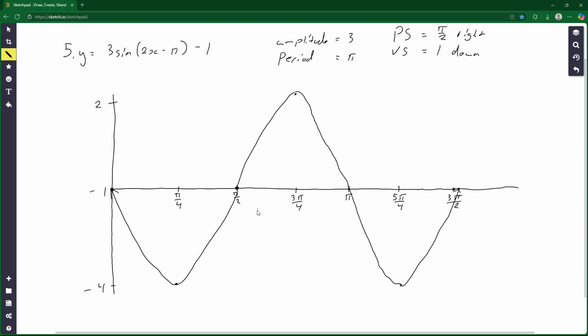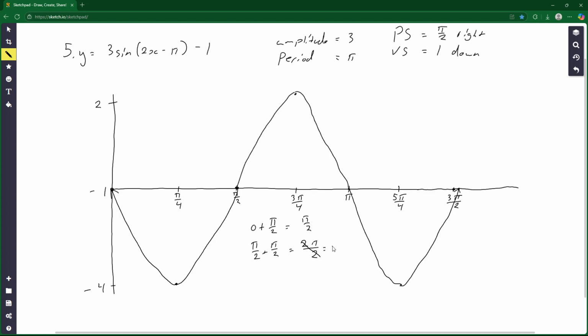Now, how I got these is you take what would have been the base intercept and add pi over 2. So 0 plus pi over 2 is just going to equal pi over 2. And then pi over 2 plus pi over 2 is going to equal 2 pi over 2.